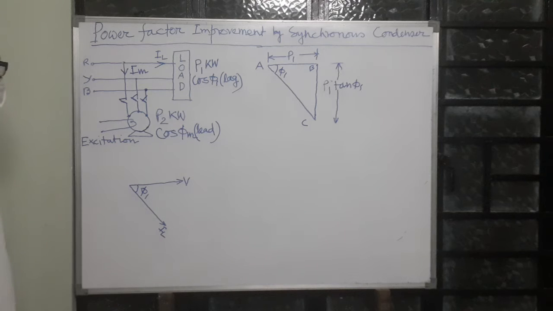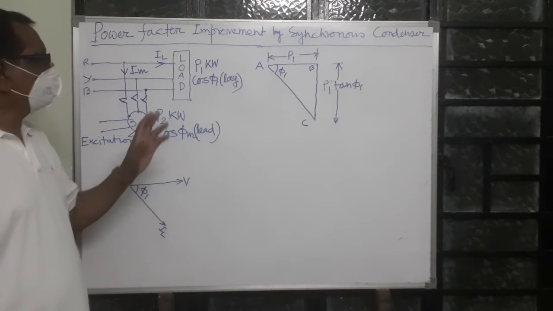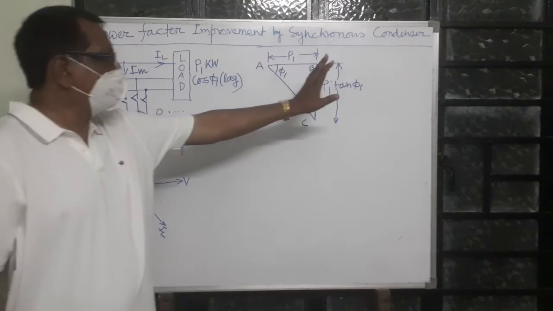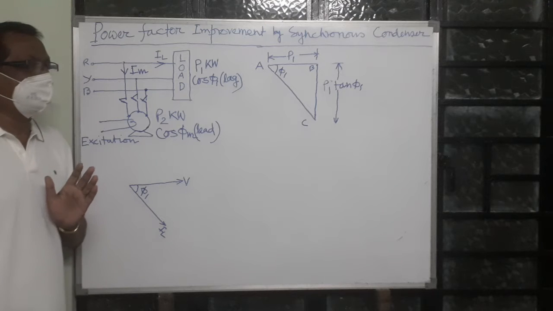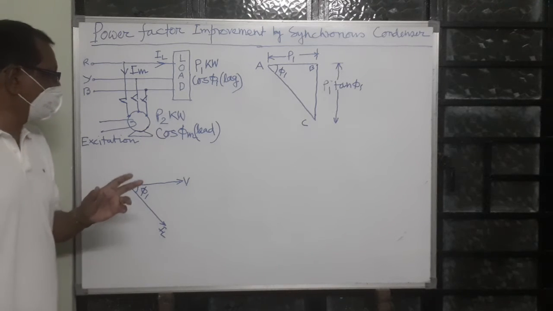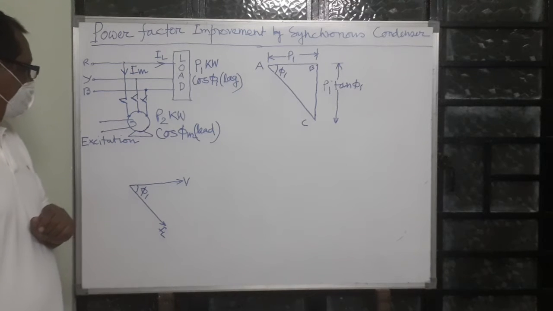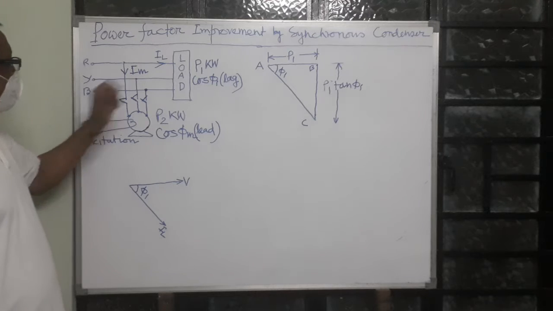We know when this synchronous machine is working as a synchronous condenser, at that time the synchronous machine is unloaded. Unloaded means there is no load on the shaft. So it is just taking a current of IM.